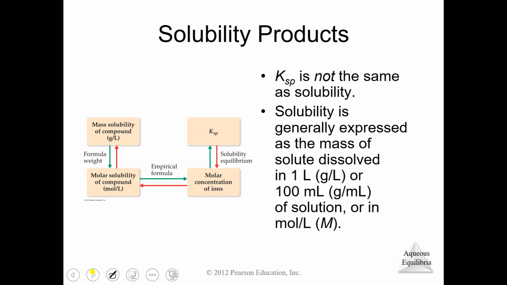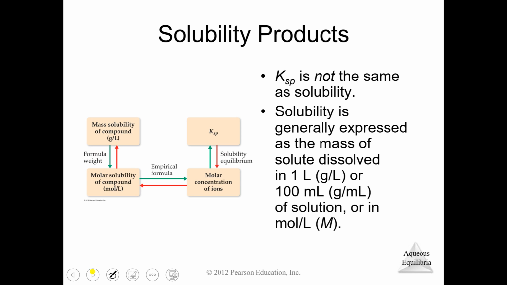If we look at solubility products, there's a couple of things you need to keep in mind. KSP is not the same as solubility. Solubility is how much something dissolves into water. KSP is a relationship. Solubility is generally expressed as a mass divided by the volume, or in terms of molarity.